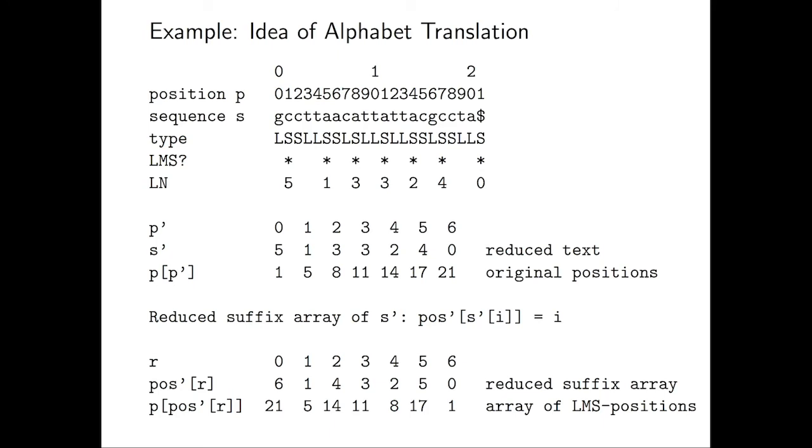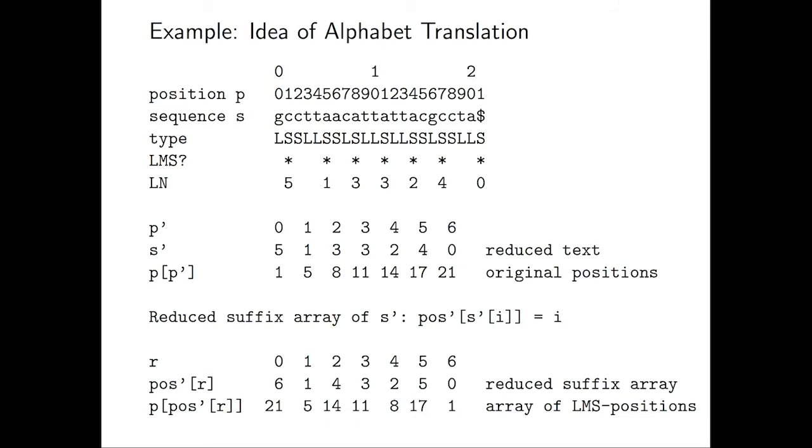the same idea. Here we are lucky, and you can work it out for yourself, that all LMS substrings of text S prime are different. So when we compute the suffix array of the reduced text, we end up with all different LMS substrings, and thus we can order the suffixes correctly and without any conflicts.